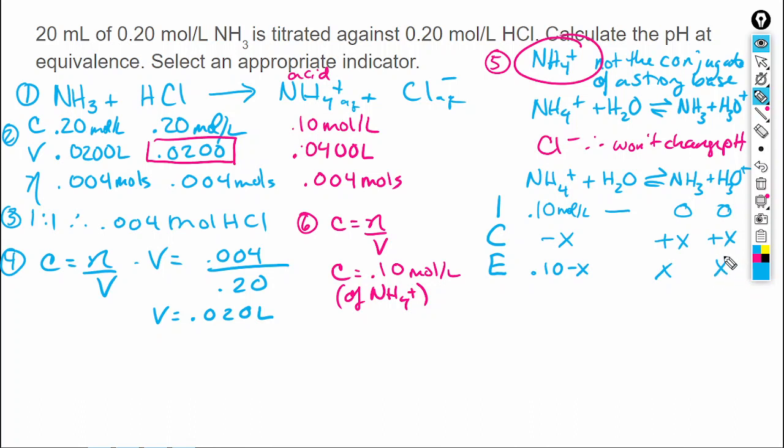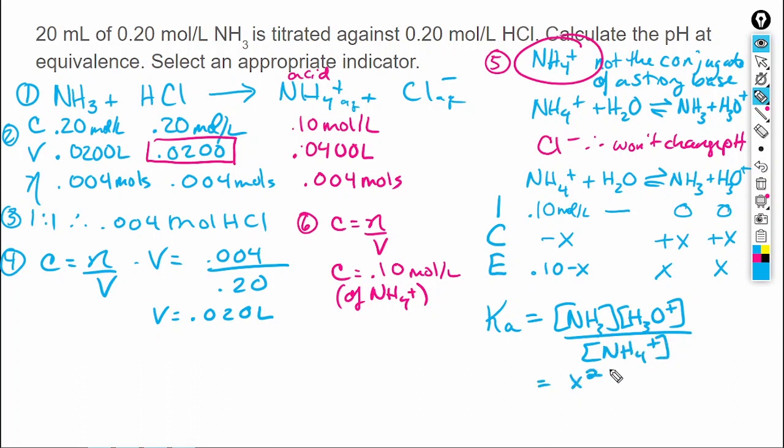This is what I want to know. That's how I'm going to figure out the pH. What do I need to get that? How am I solving for X? What equation do I put it in? Is this acting as an acid or a base? So Ka is equal to the concentration of NH3 times the concentration of H3O plus divided by the concentration of NH4 plus.